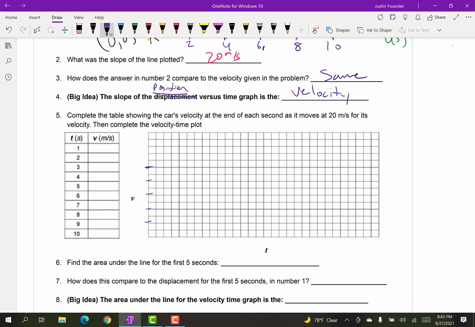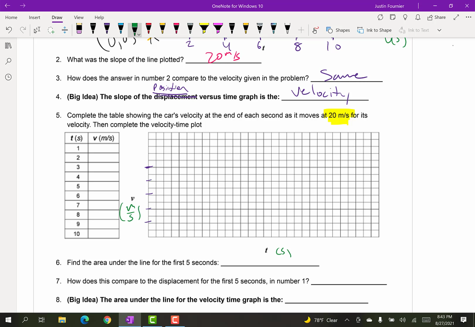Alright, next up, complete the table showing the car's velocity at the end of each second as it moves at 20 meters per second. If I'm making a velocity versus time graph, the units would be meters per second and seconds.